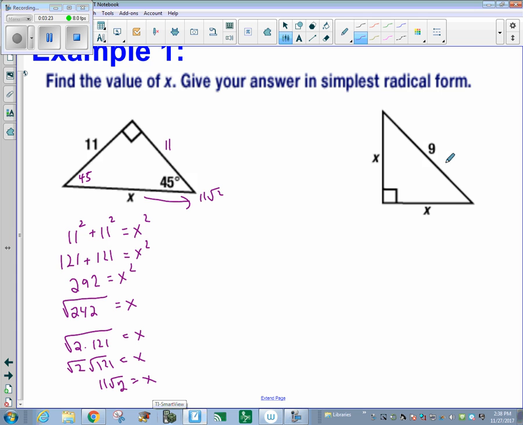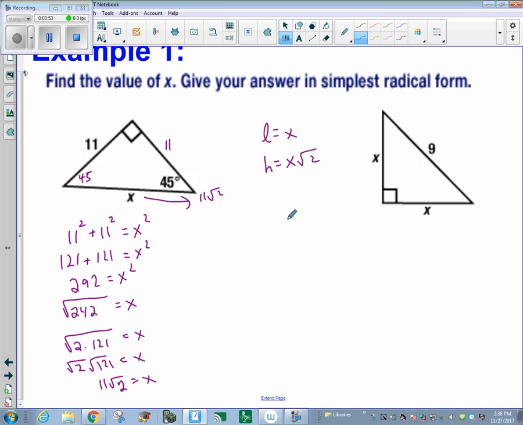In this one, they told us the hypotenuse. So in our shortcut, if I know the leg, let's try this again. Let's go back over here. For this one, what you need to know is that the leg is equal to x, and then the hypotenuse is x times root 2. In this case, they gave me the hypotenuse.